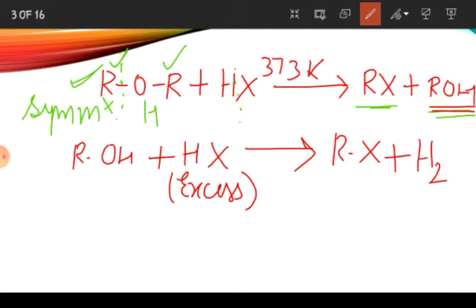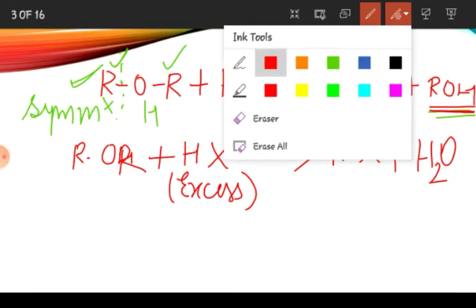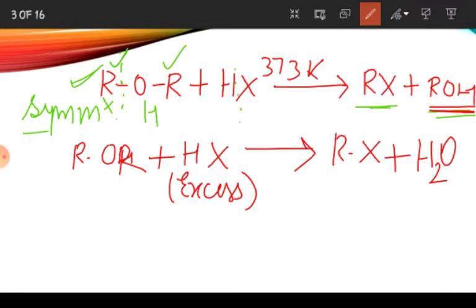H2O along with this. We will not get alcohol. This alcohol will also get converted into RX. So these are the two reactions that are given. Now you can see both these reactions that we have discussed pertain to symmetrical ethers.